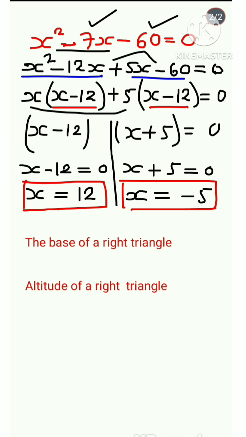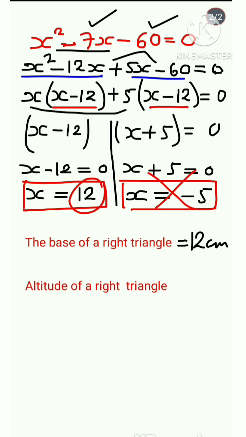And as we know, the side of a triangle can never be negative, so ignore this value of x. Now the value of x which we can use is 12. So in the answer we can write the base of the right triangle is 12 centimeter.